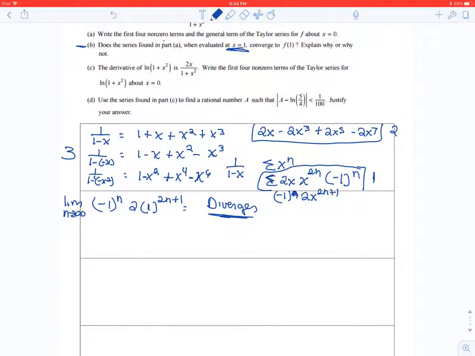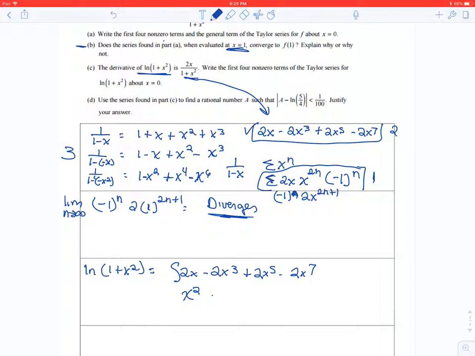All right, C. Again, once we had this, C became easy because it tells us that the derivative of natural log of 1 plus x squared is this. So therefore, the natural log of 1 plus x squared is going to equal the integral of 2x minus 2x cubed plus 2x to the fifth minus 2x to the seventh, which then becomes x squared minus x to the fourth over 2.